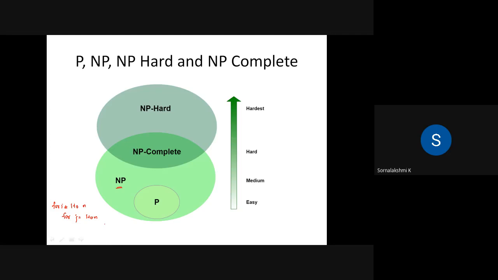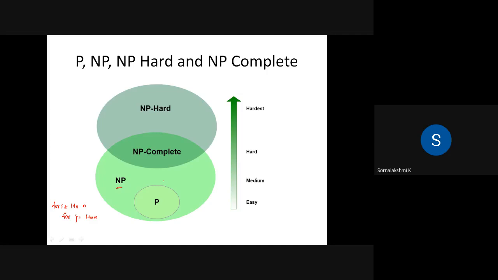So that class of problems is called NP problems. And the other two classes are NP complete and NP hard. NP complete problems are both NP and NP hard. This is the set of problems that falls in both. NP hard is the hardest of all.